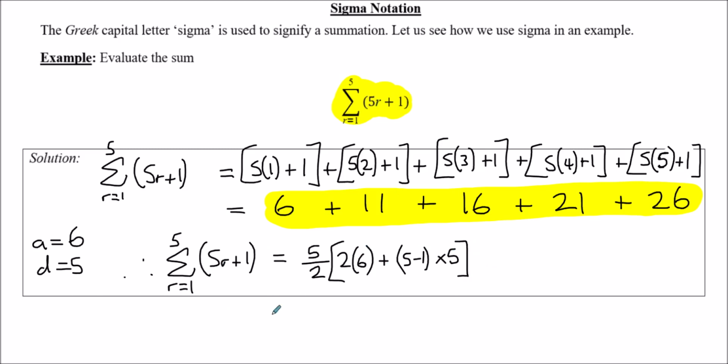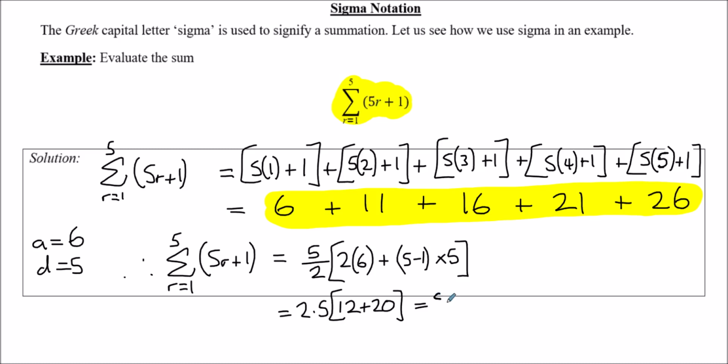So if we simplify this, 5 over 2 is 2.5, 2 times 6 is 12, and then 5 minus 1 is 4, 4 times 5 is 20. So it's 2.5 multiplied by 32, which of course we could do fairly easily using the calculator.